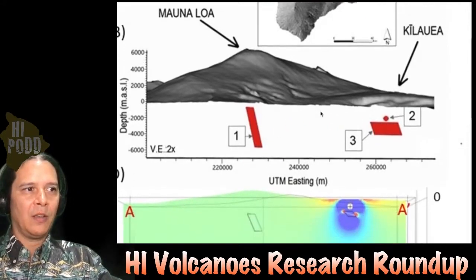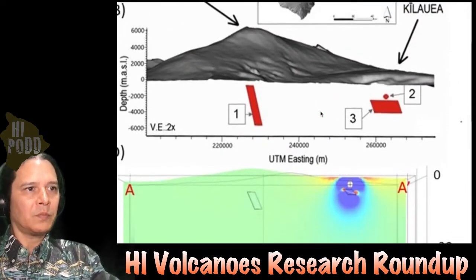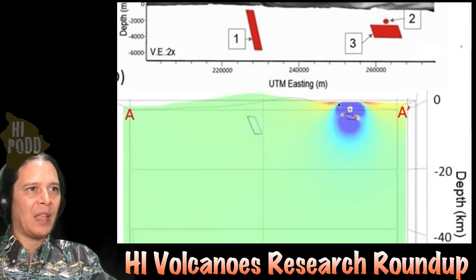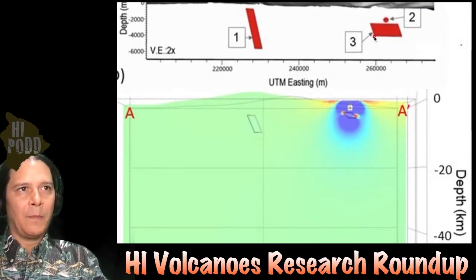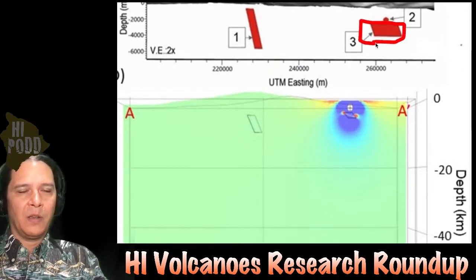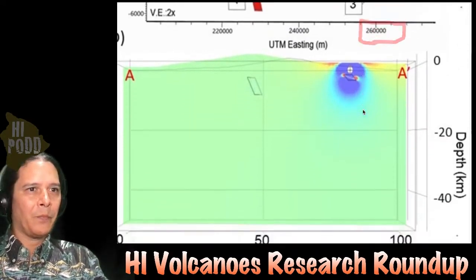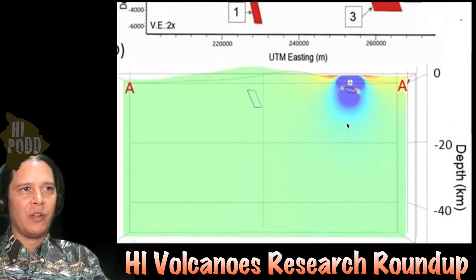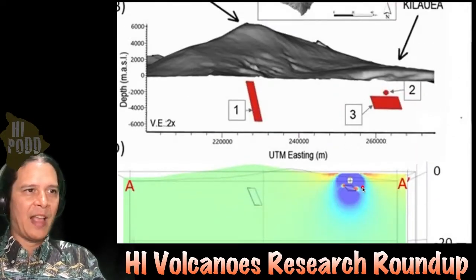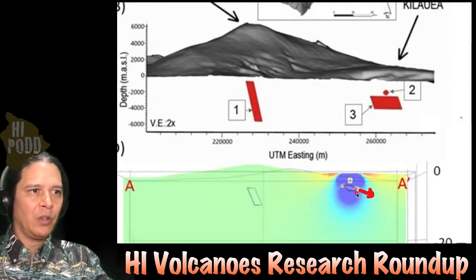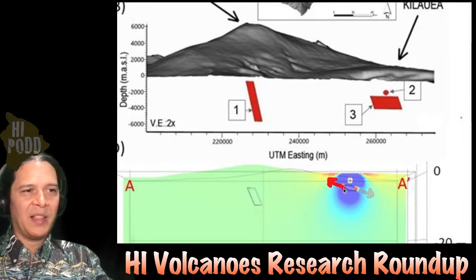So they can actually model, for example, down here, what happens if this deep blade of Kilauea has extra pressure. That creates additional stress in the two ends of that blade, but it doesn't really come all the way over to Mauna Loa.